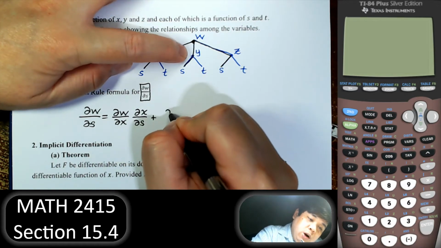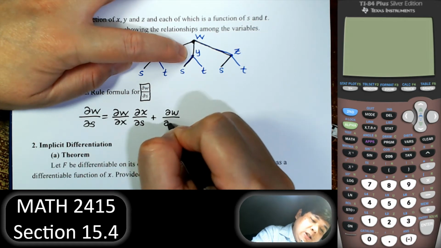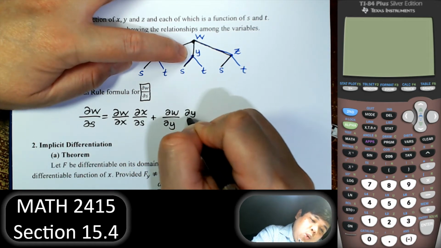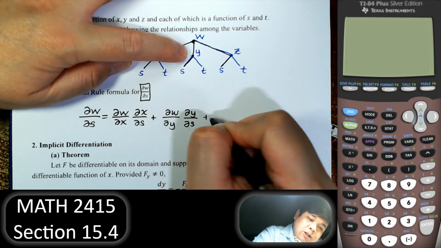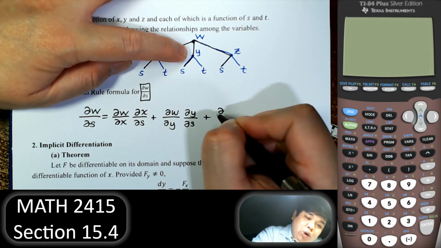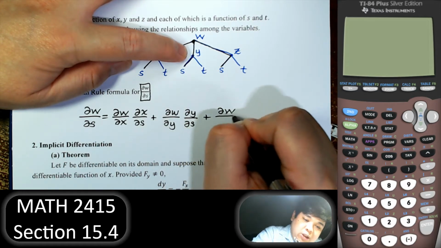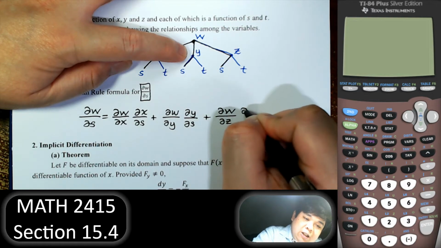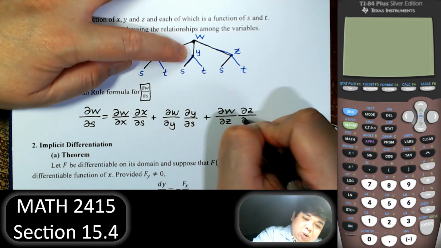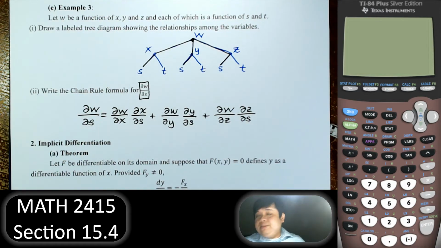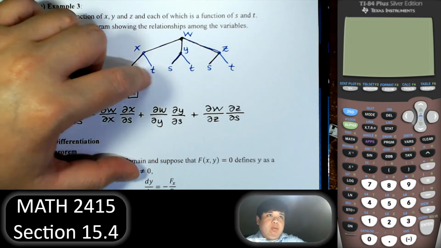And then w to y, y to s, w to z, and then z to s. Simple enough, right? We just draw a tree diagram and follow from the top to the bottom.